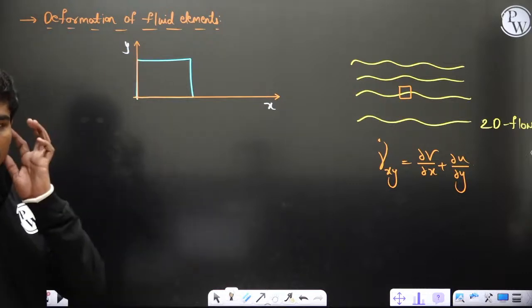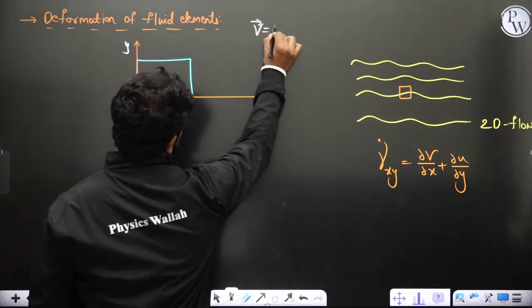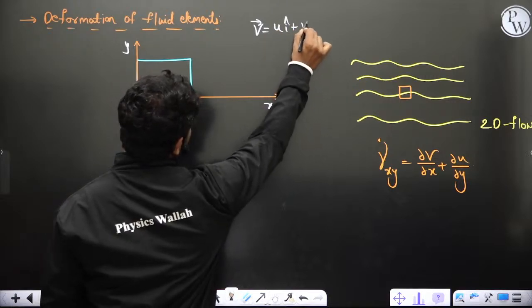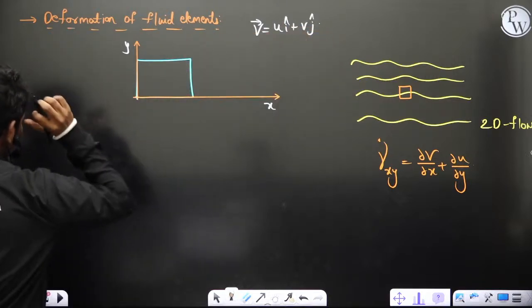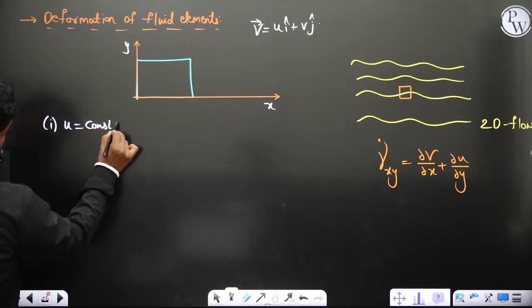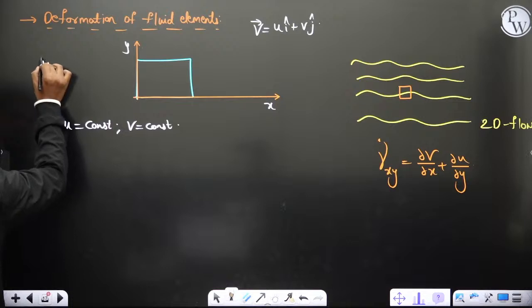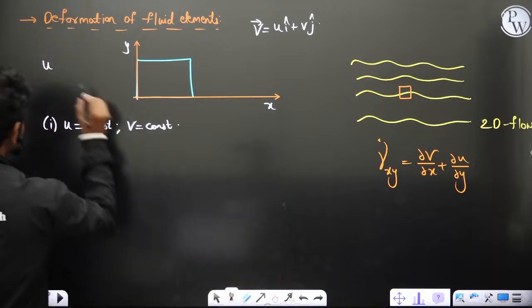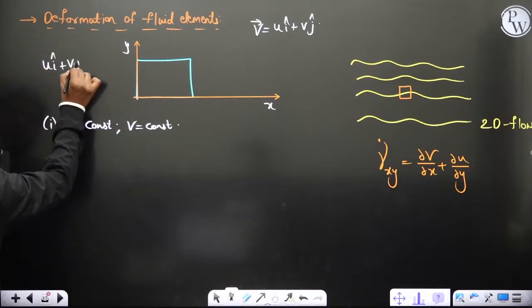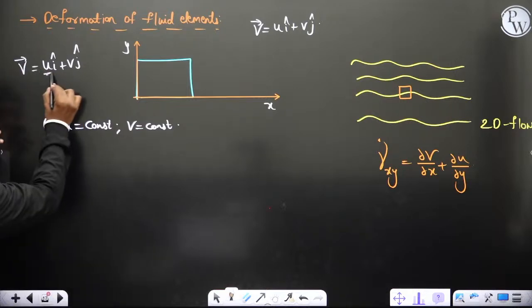First, the velocity vector at any point in the flow is u i plus v j. Now I want to discuss 3 cases. Case 1: u is constant and v is also constant. So we have these 2 components constant.